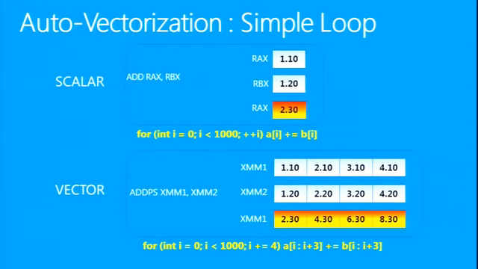As for the loop body itself, we've tried to denote the effect of what's taking place there as a of I through I plus 3 plus equals b of I through I plus 3, where that range with the colon in between just means the elements beginning at I and finishing at I plus 3. It's not legal C++ code, this is a notation stolen from other languages, but it captures nicely what's going on.